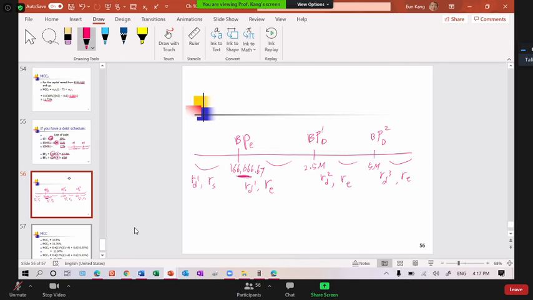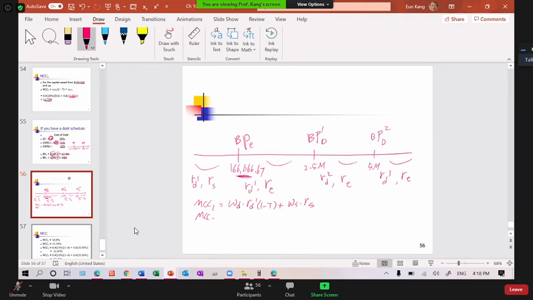So now you have to apply it to each interval. Marginal cost of capital 1 is WD times RD1 times 1 minus T plus WS times RS, right? This is the first interval.